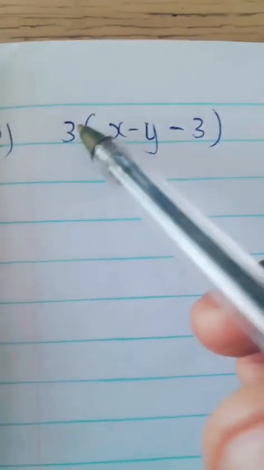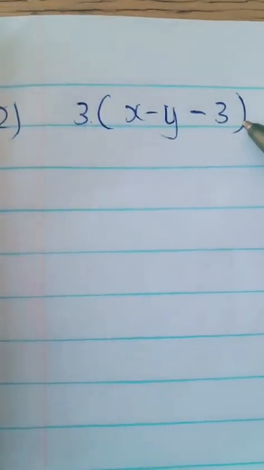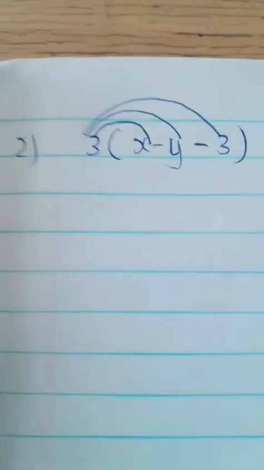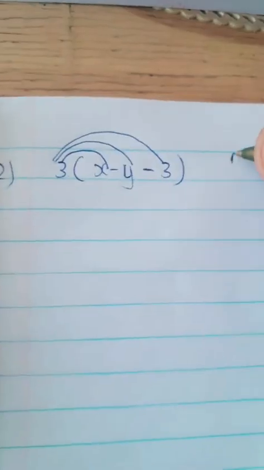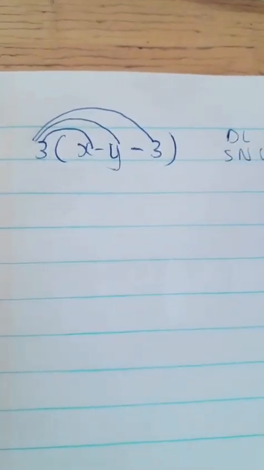So we have one term with 3 terms inside the bracket. This is no different from what we've been doing. We simply distribute the 3 to the 3 terms inside the bracket using the distributive law, by multiplying sign first, number second, letters last.